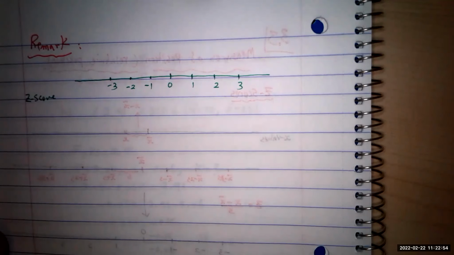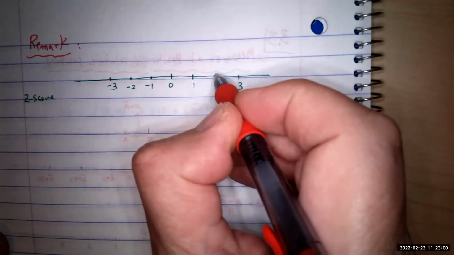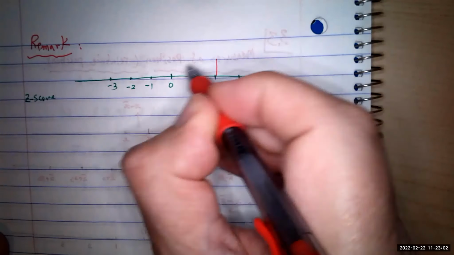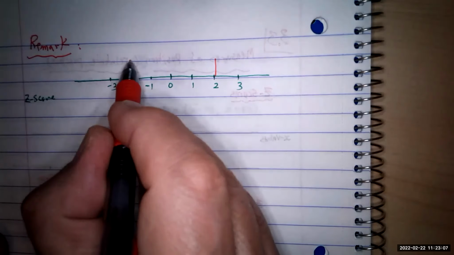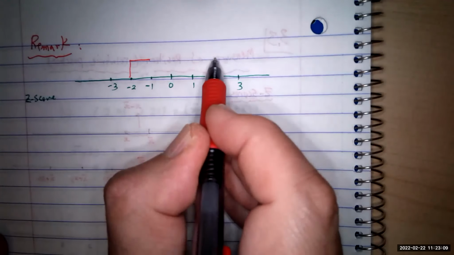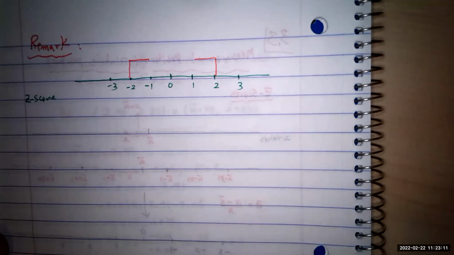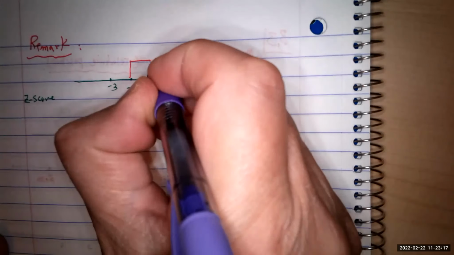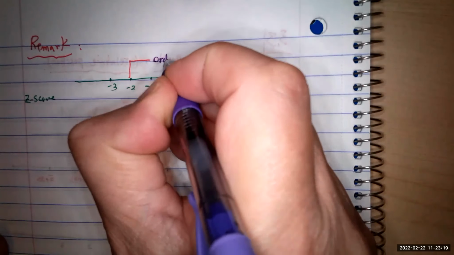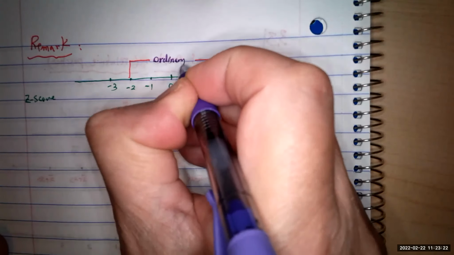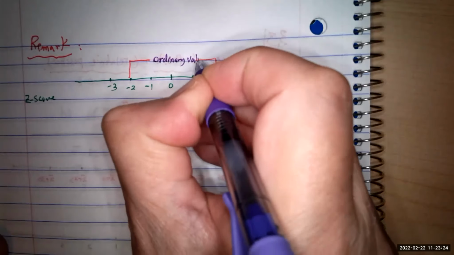Now, when you find the Z numbers, if the Z number is between -2 and 2, in this range, we refer to it as a usual value or ordinary value. So if the Z is in this interval, this is going to be called an ordinary value.